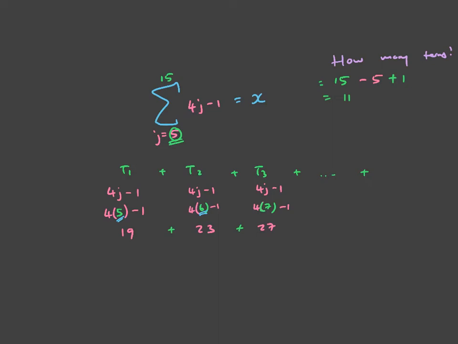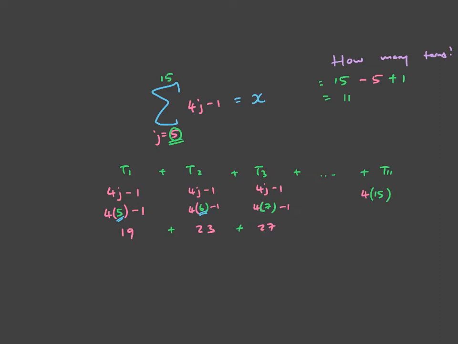In other words, if term 1 starts at 5, term 2 would be at 6, term 3 would be 7, and so on. So then term 11, there's 11 terms of the sequence. What we're going to do is say it's 4 times, and what will be substituted in there for that last one? It goes to 15, right?